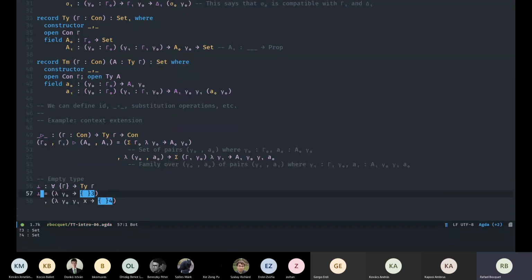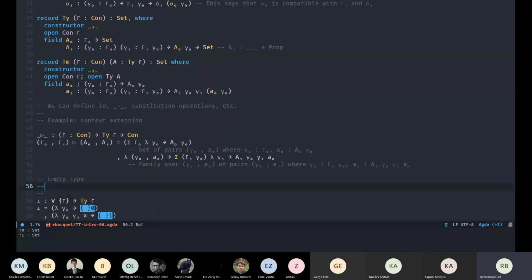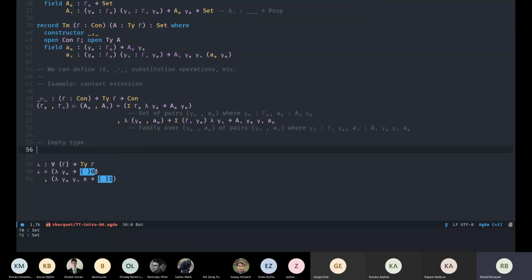Okay, and well, so the empty type, the first family of types will be a family of empty types. So we need to define the empty types of our meta theory.